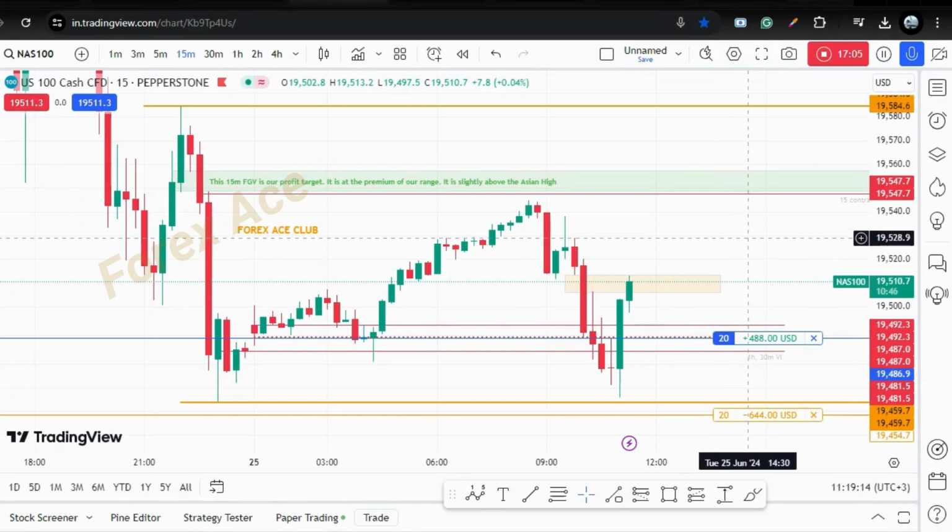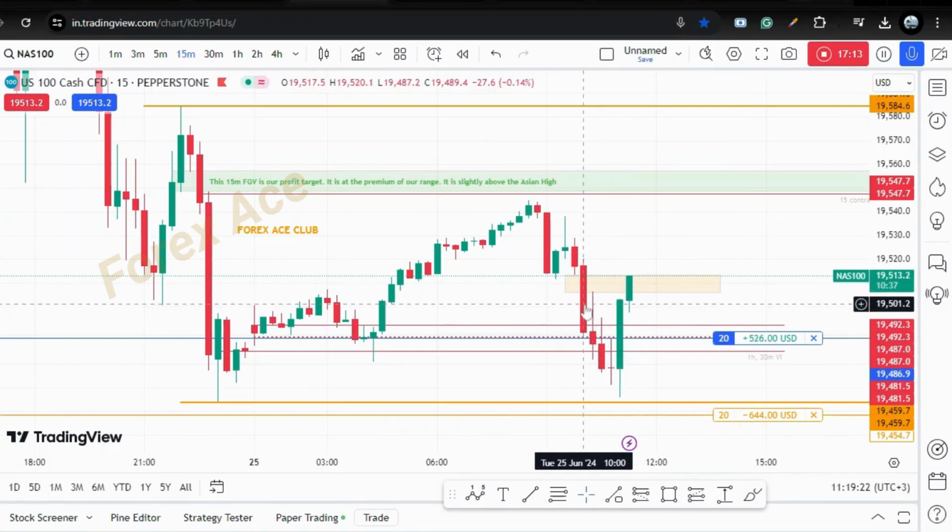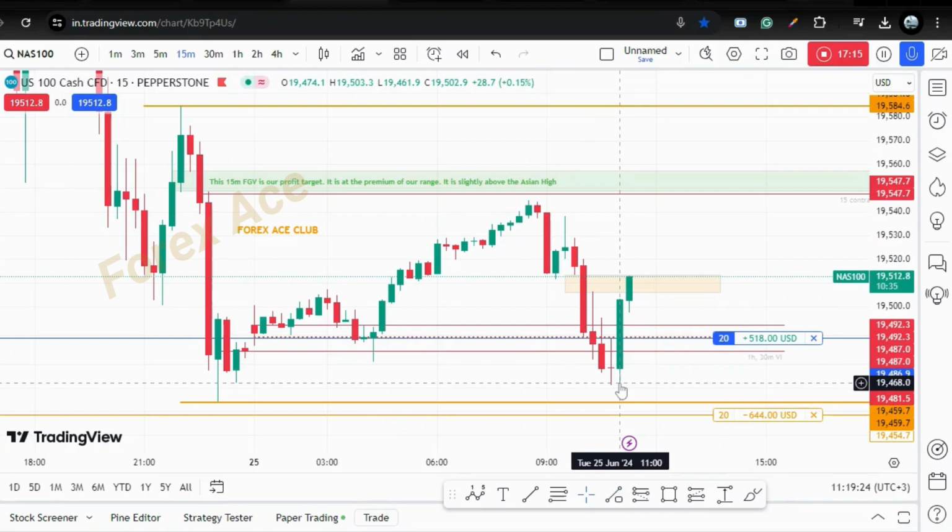So if you look at this trade, guys, this is such a beautiful trade. I was able to call the buy as the market is selling. How can you do that? Is it possible? Yes, anyone can learn forex, guys. No matter who you are, an 18-year-old can learn forex.